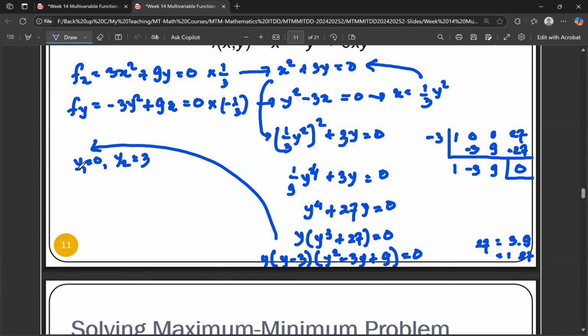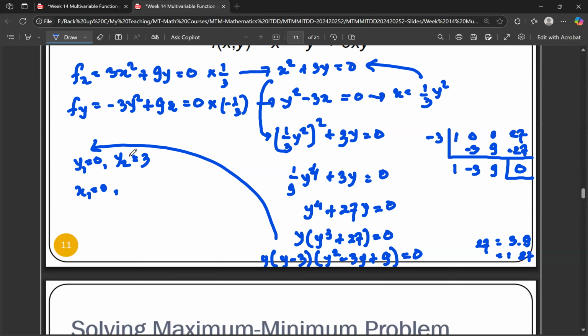So we have y1 is equal to 0, and by using this value we can substitute into the original equation, or into the second equation. So we have that x1 will be 0.